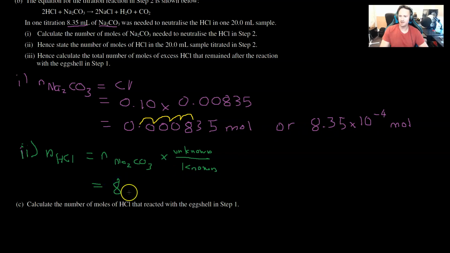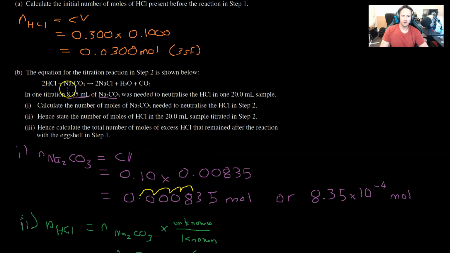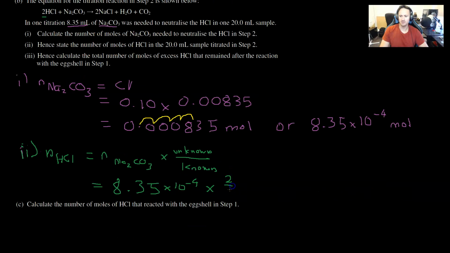So 8.35 times 10 to the negative 4 multiplied by the mole ratio. Now the unknown is the HCl, so the ratio is 2, and the known is the sodium carbonate, and that's 1. So we're multiplying by 2 over 1, so we're just multiplying it by 2. And that is going to equal 0.0017 mole. You could also have that in scientific notation, but that's fine.